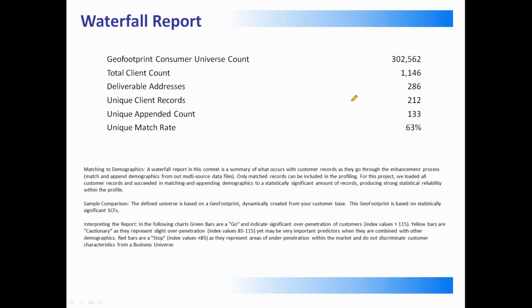Then lastly, we matched those 212 actual bowling customers against a database of every consumer household in the U.S. that we maintain. It really has only names of adults in the household. We don't keep a database of children.